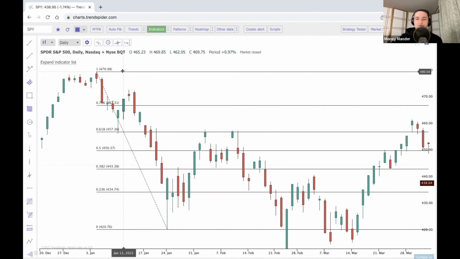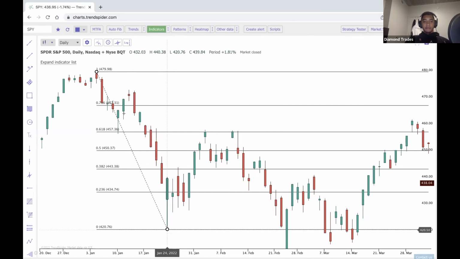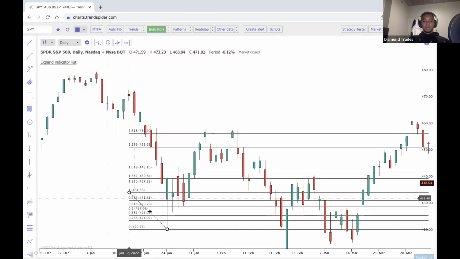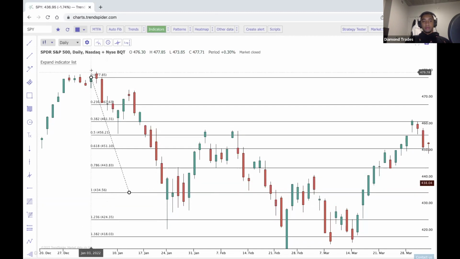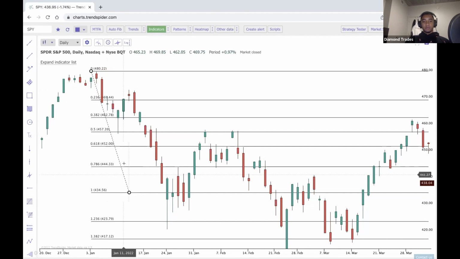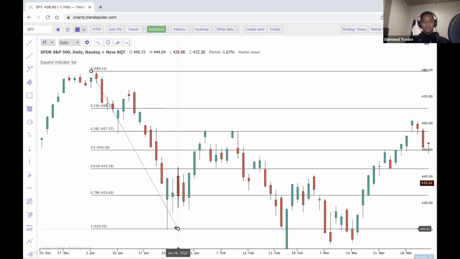Another thing I want to point out very quickly is the way that I usually draw my fibs. I've gotten in a habit of doing it from high to low, regardless of what the move is. But realistically, the way that you should do it, I believe, is have your 0% at the start of the move, and your 100% at the bottom of the move.